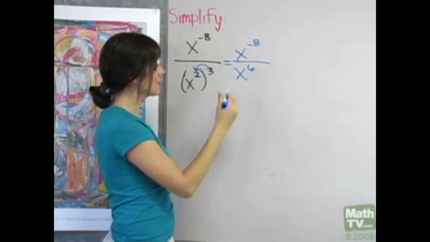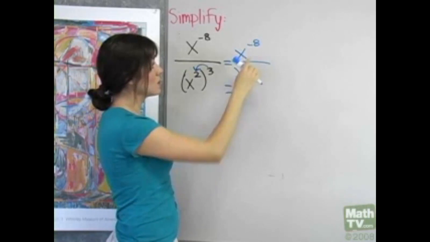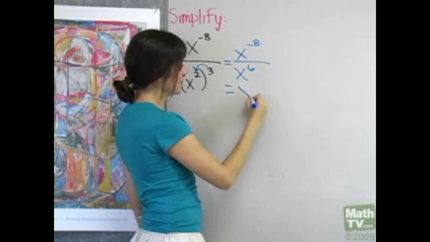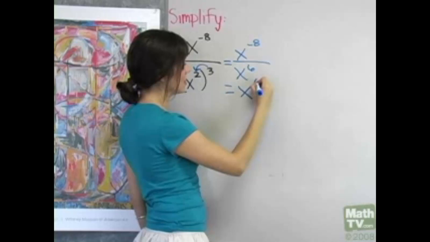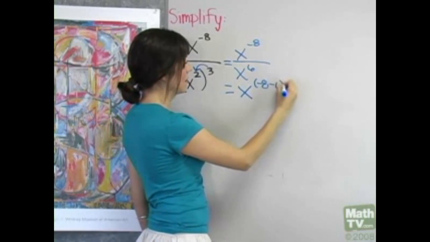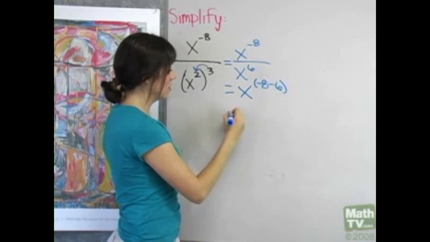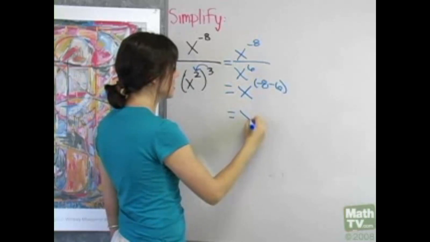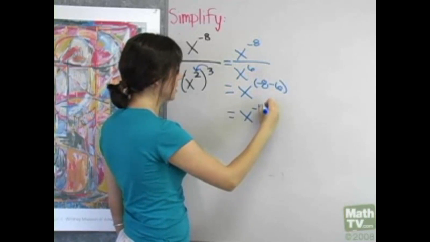Our base is x. So we need to subtract the exponent since we're dividing. So this is equal to x to the negative 8 minus 6. So negative 8 minus 6 is negative 14. So this is equal to x to the negative 14.